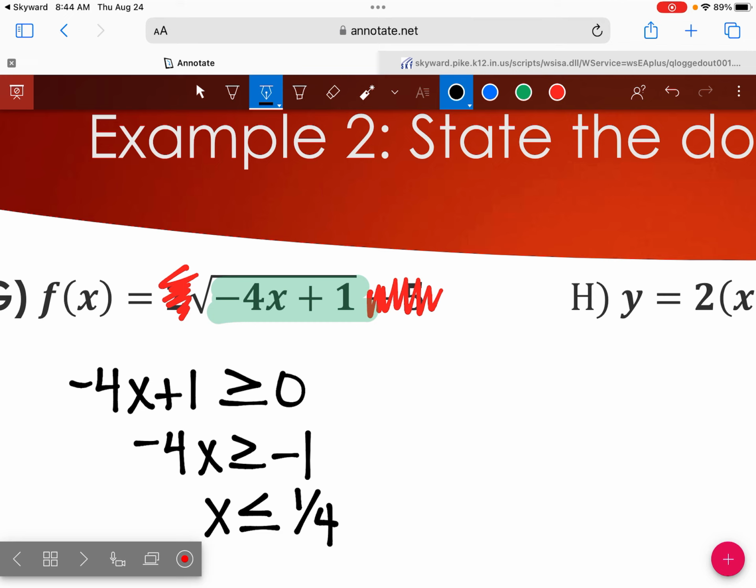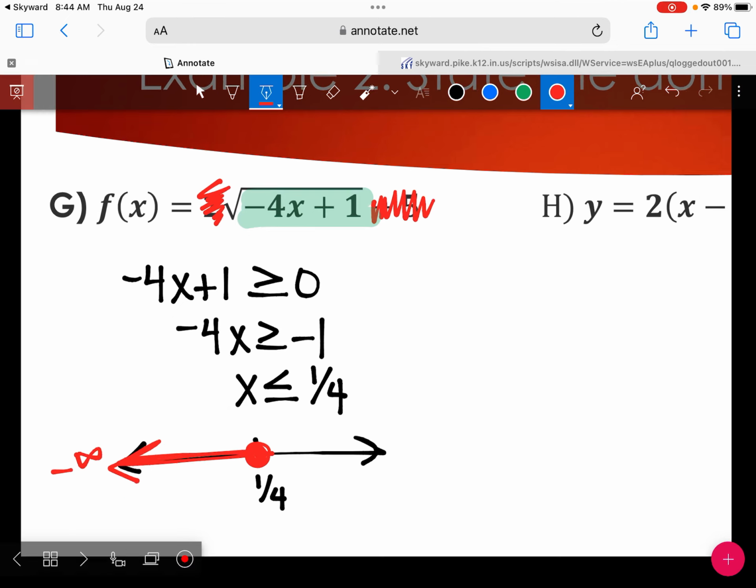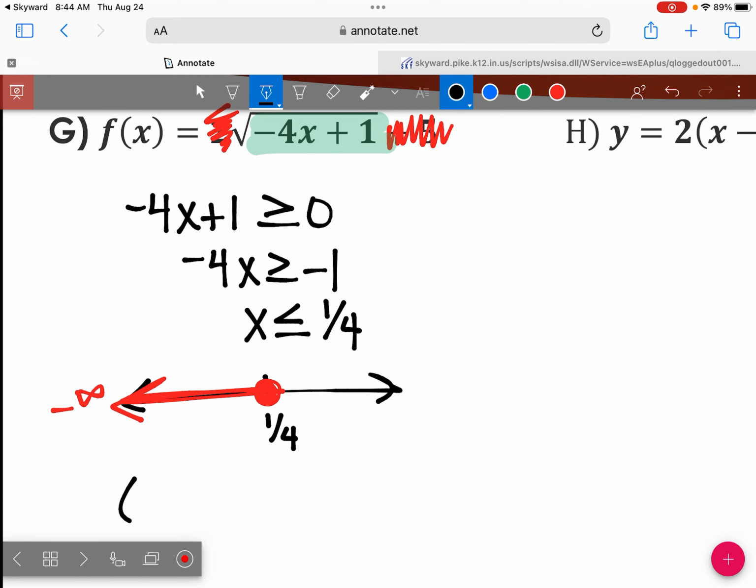So you should get x is less than or equal to 1/4 because I have to divide both sides by -4, which means I flip my inequality. So on the number line, starting at 1/4, which has a closed circle, is less than, so that means I'm coming from -infinity. So my interval would be -infinity to 1/4, and 1/4 gets a bracket.